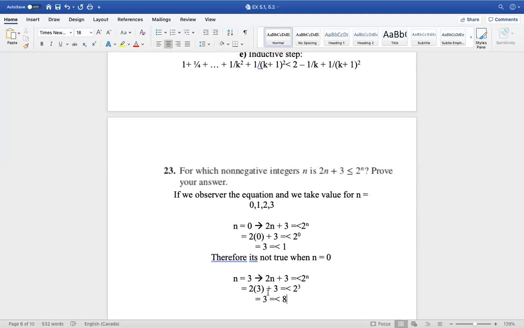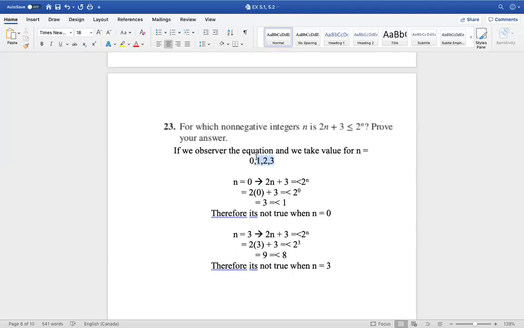Then 2 times 3 is 6, 6 plus 3 is 9. You see, 9 is less than or equal to 8? Therefore, it's not true when n equals 3. Likewise, we can also prove for 0, 1, 2, 3. So for the first 4 integers, this is not true, so we know that for these, the inequality does not hold.